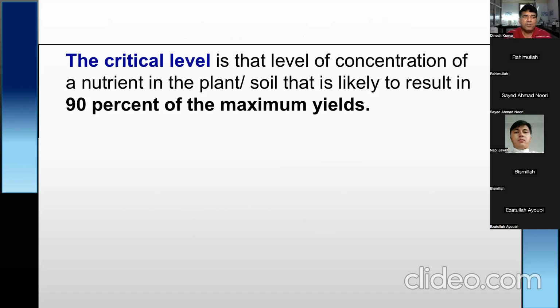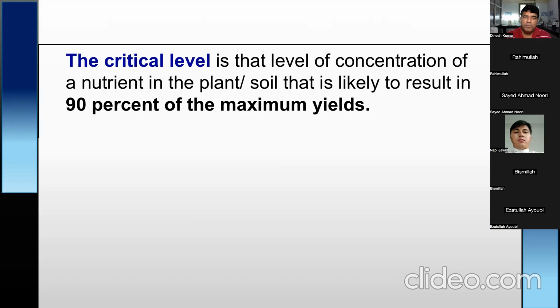So now we need to understand, in the last slide I was talking about critical level. We can analyze the plant samples for nitrogen, phosphorus, potassium, or other nutrients, and we can see what the concentration of the nutrient is. That concentration can be matched with the critical value.